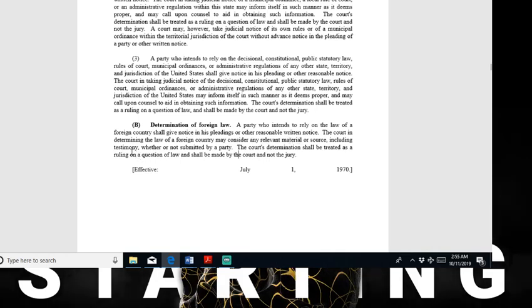The court determining the law of a foreign country may consider any relevant material or source, including testimony, whether or not submitted by a party. The court's determination shall be treated as a ruling on a question of law and shall be made by the court and not the jury.